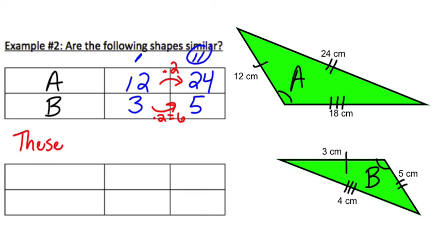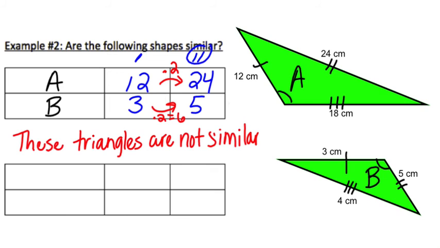So these triangles are not similar. They're both triangles, so they're the same shape, different size, but when we check the sides for proportionality, we notice that they don't form a proportion, so they can't be similar. They can't truly be similar.